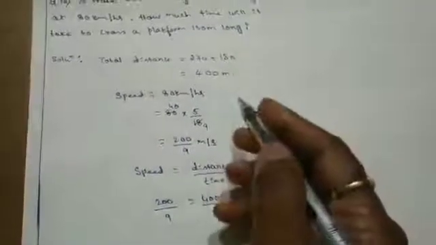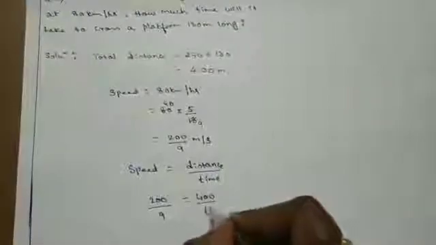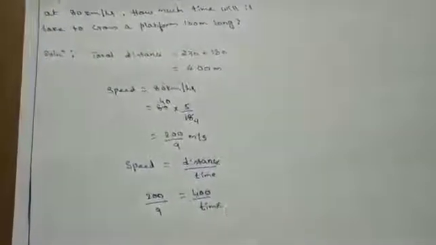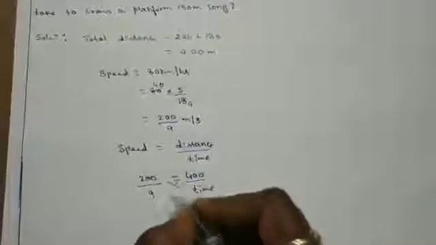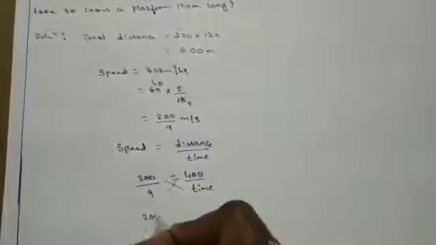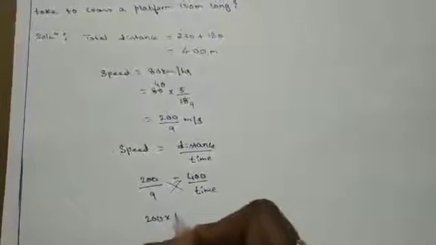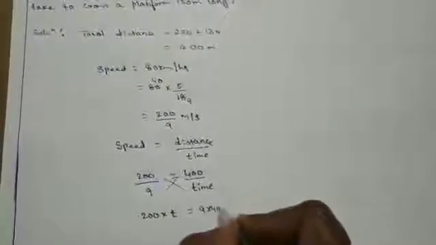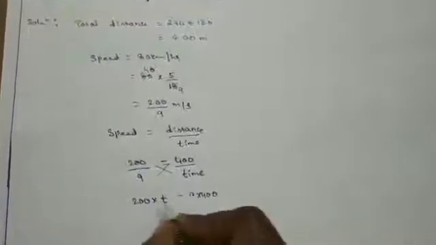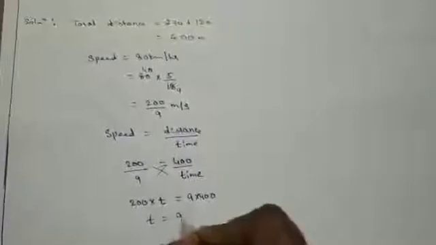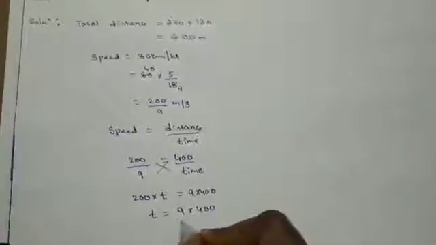What is the time? Don't know. He is asking us to find the time only. Okay. Then apply cross multiplication rule. 200 into time, I'll write abbreviation as T, equal to 9 into 400. Then since here it is under multiplication, changes to division.